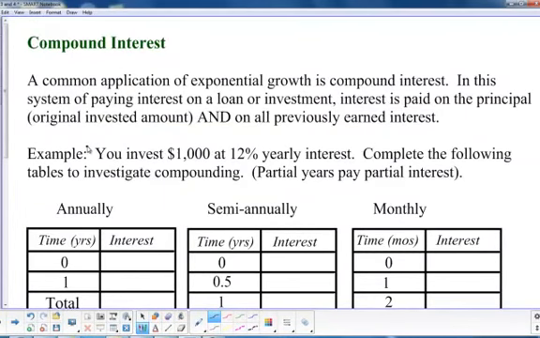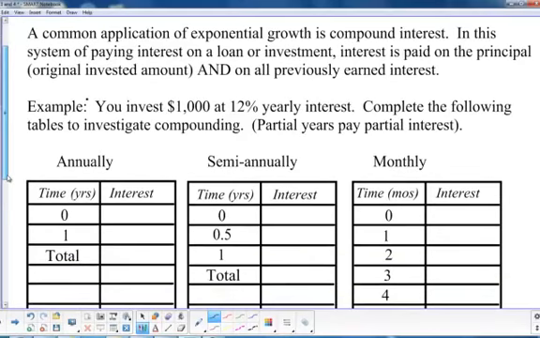All right, if interest is compounded, that means that you have another letter in your equation, which is n, and you would make it that much more often. So let's invest 1,000 at 12%. 12% is 0.12, so 1 plus 0.12.